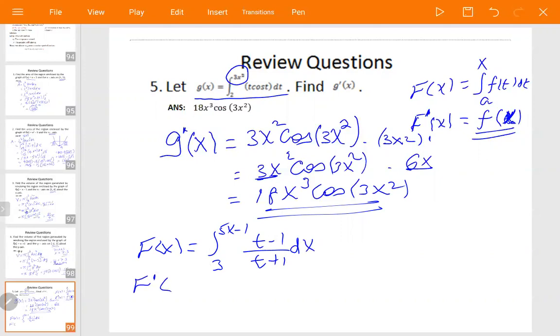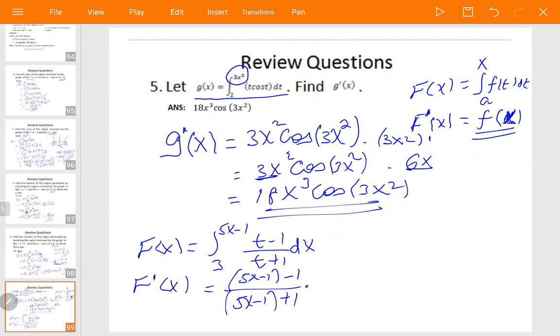Find the derivative of this function. I replace t by 5x minus 1, so you have 5x minus 1 minus 1 over 5x minus 1 plus 1.